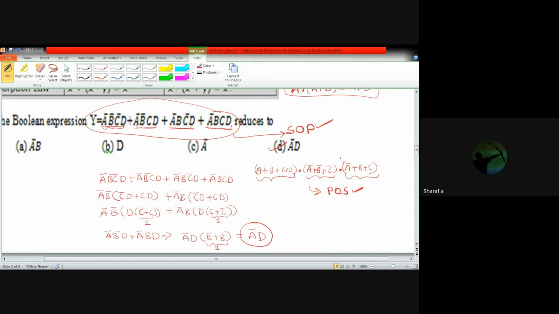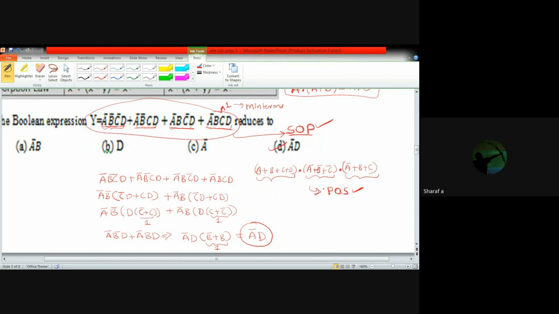One more thing you have to remember is in SOP, that is sum of products form, where you are adding different product terms, each term represents one. This is called a min term. All these are called min terms, which represent one.